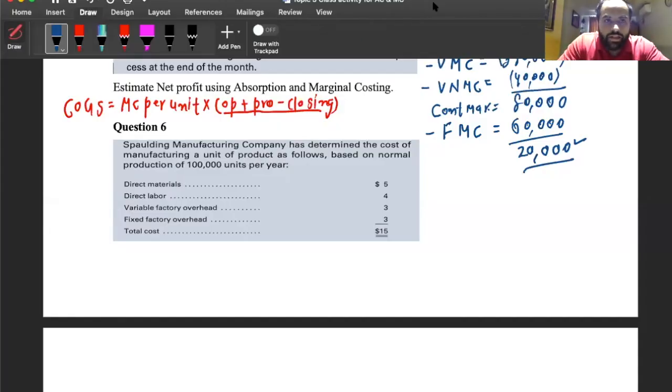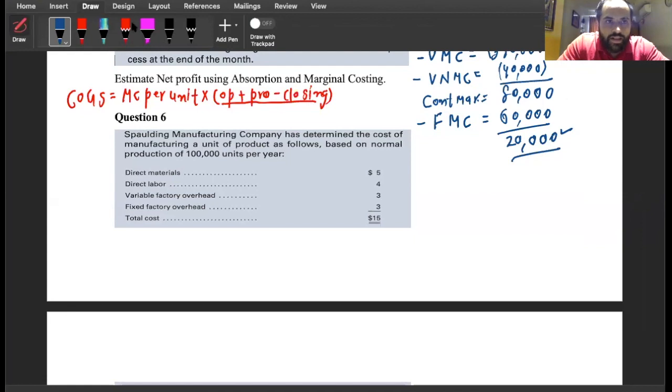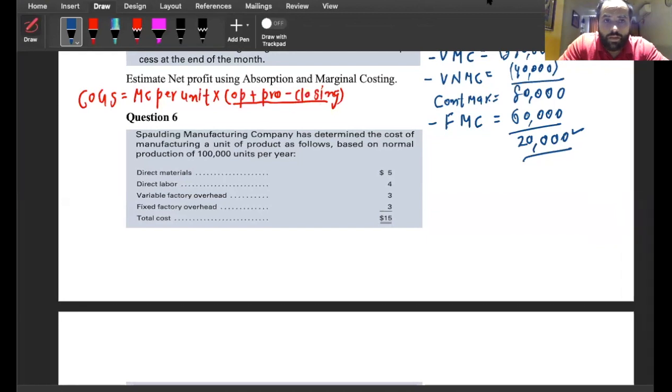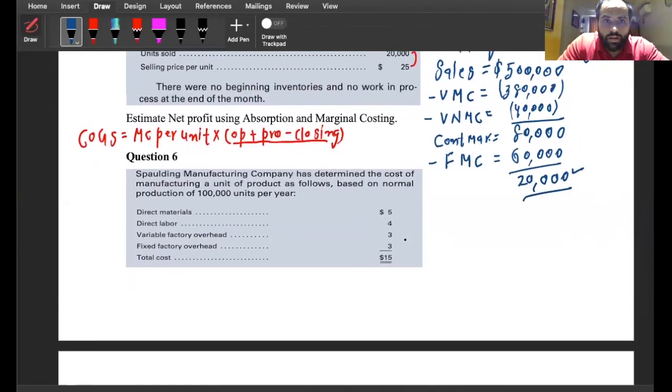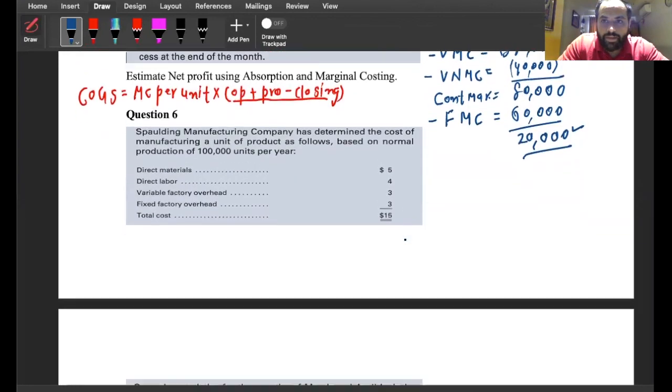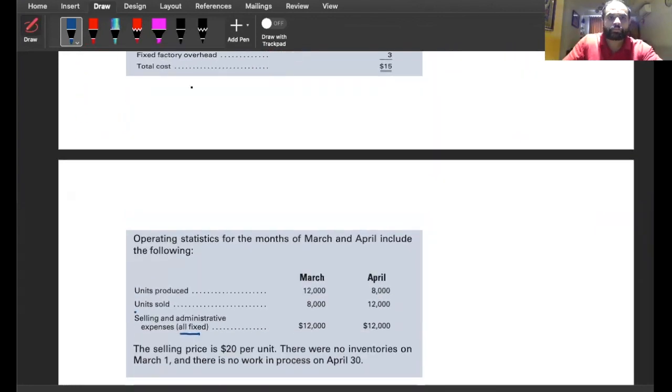So let's have a look at the absorption costing for question 6. Absorption costing. So let's start with the sales.